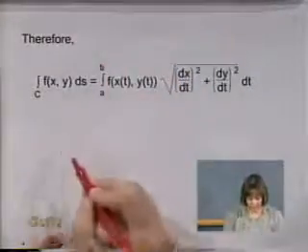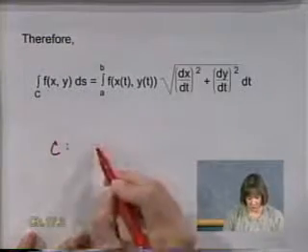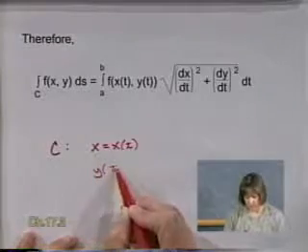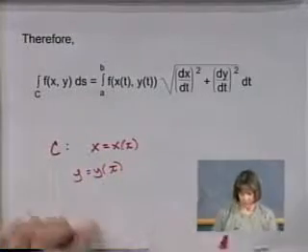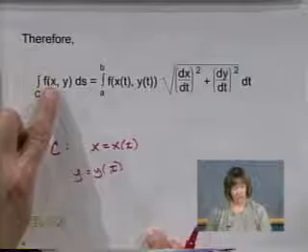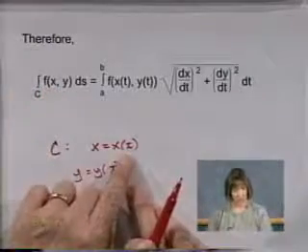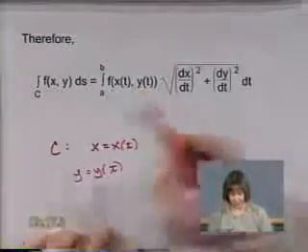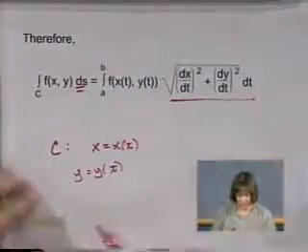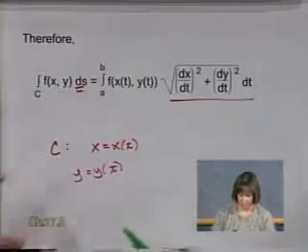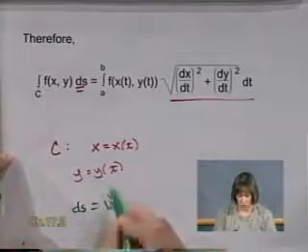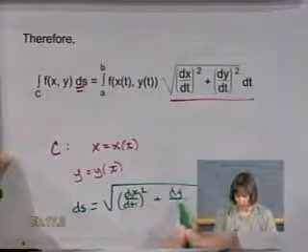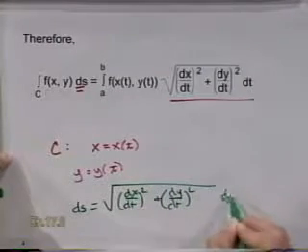But what we do is we get our parametric representation for c by x equals some function in terms of t, y equals some function in terms of t. And where we have f of xy, we replace x with that representation in terms of t. We replace y with that representation in terms of t. And we replace ds with square root of dx dt squared plus dy dt squared times dt.